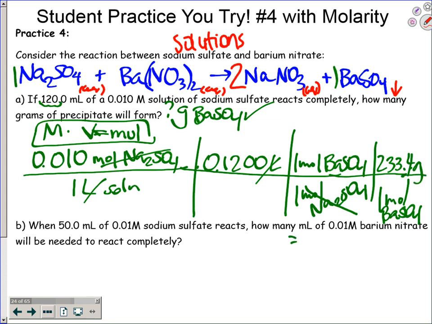Okay. This one's a little bit more challenging, but we could do it. 0.2528. Can I get one more? Or no, that's good. 260 grams of barium sulfate.